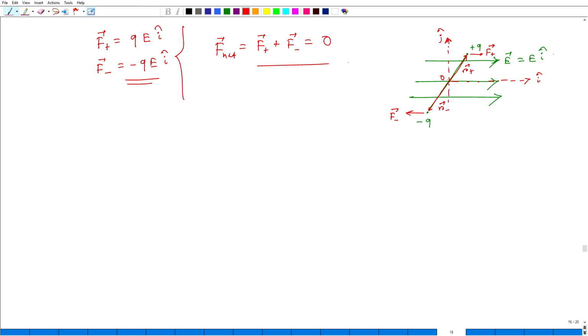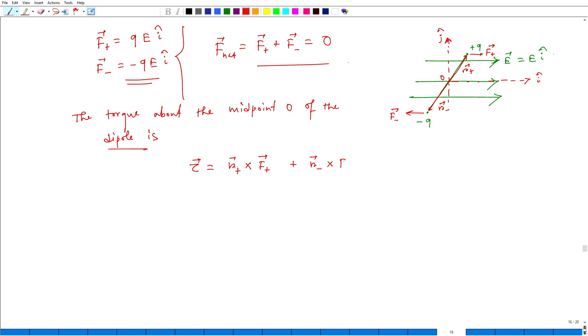The torque about the midpoint O, the midpoint of the dipole, is defined as r cross F. In the case of the positive charge plus q, the distance vector is r plus cross F plus vector, this is a vector product, plus in the case of the negative charge r minus vector cross F minus vector.